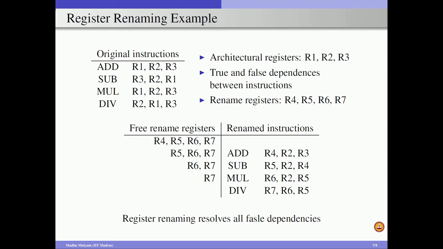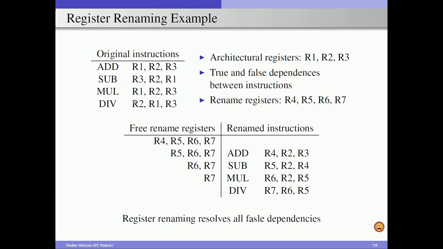And the last one, div. Div uses R7 as the destination register, which is not used anywhere in the remaining instructions. And also here there is a true dependence between mul and div through R6. Previously also there was a true dependence between mul and div using this R1, so that is maintained as it is.